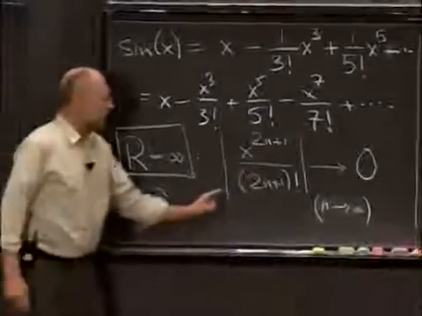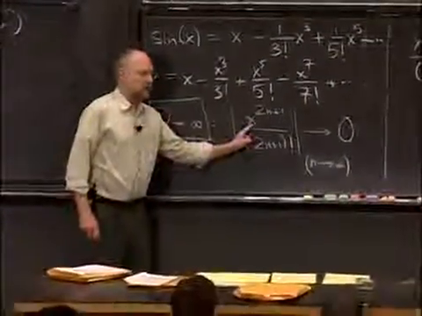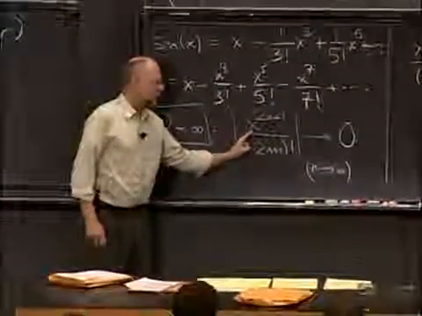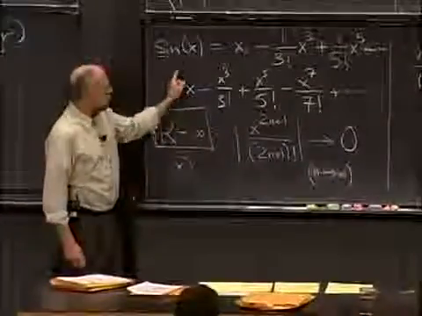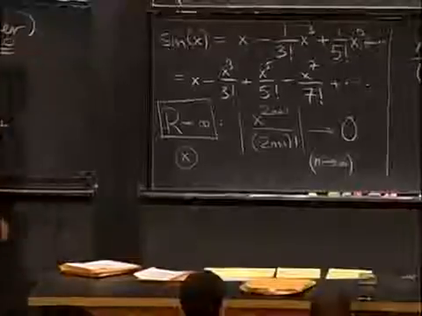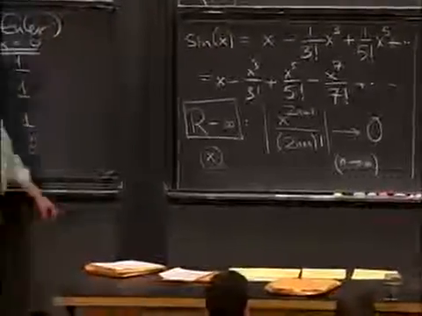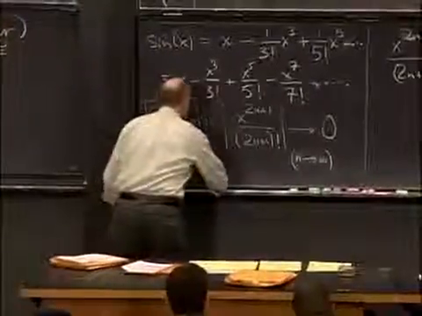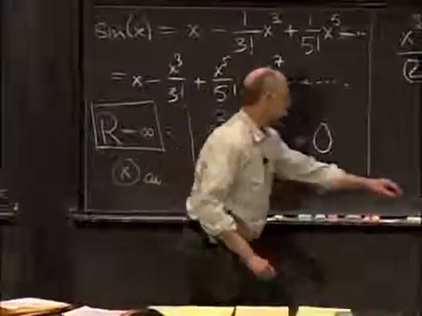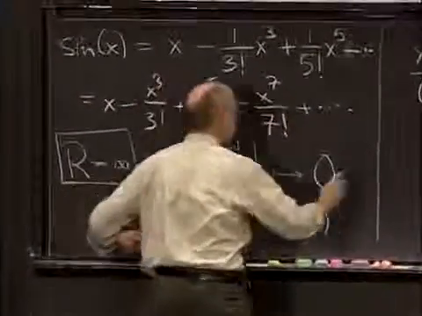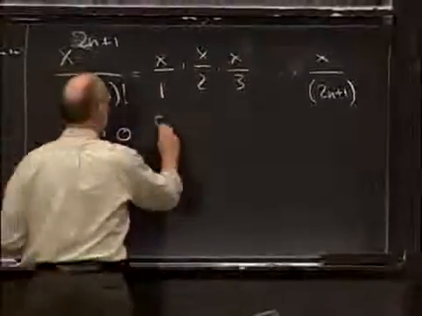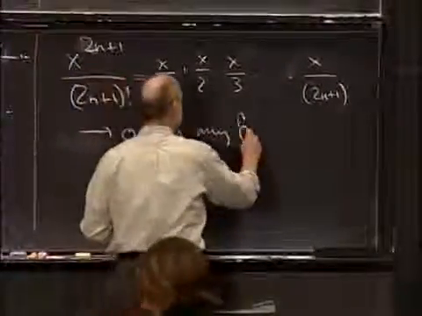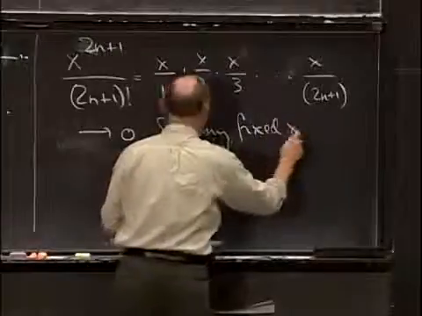That's the sign that x is inside of the radius of convergence. This is the sign for you that this series converges for that value of x. And because I could do this for any x, this converges to 0 for any fixed x.